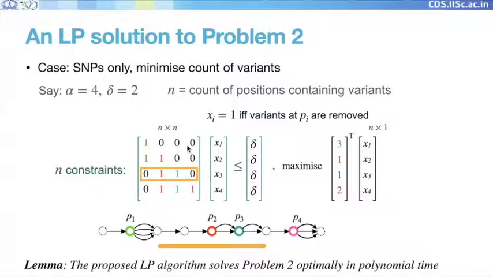In total, we need n constraints to ensure alpha delta compatibility. And finally, we need to maximize the count of variants removed. For example, if we remove the variants at position P1, then this would lead us to a gain of 3. So therefore, 3x1 is a term involved in the objective function.